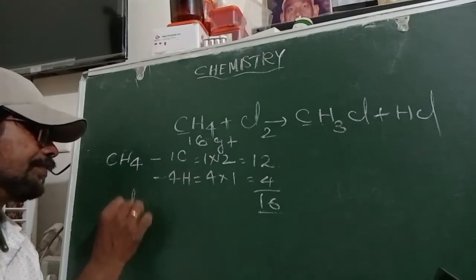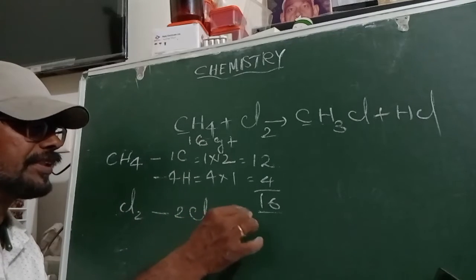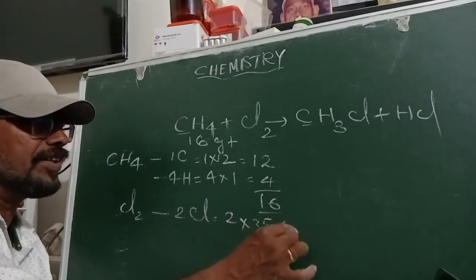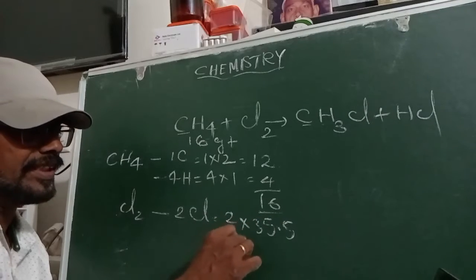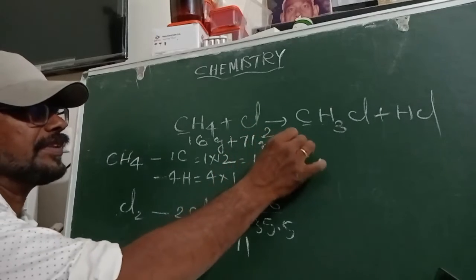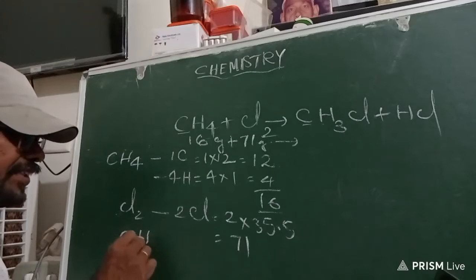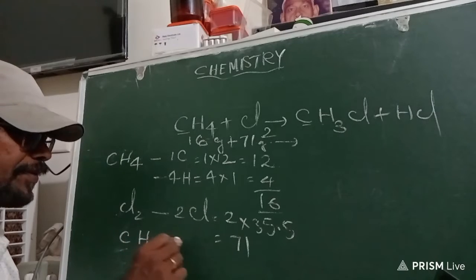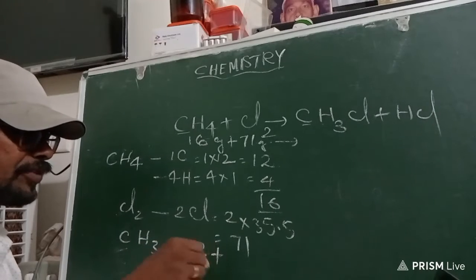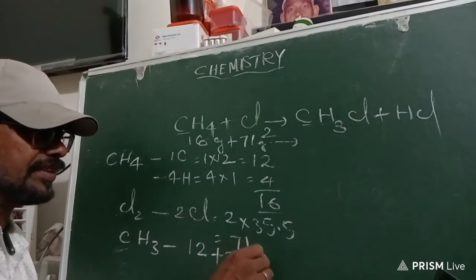Chlorine, Cl2, that is 2 into 35.5, okay, and that is 71 grams. 71 grams gives rise to methyl chloride, CH3Cl. Carbon 1 is 12 plus, understood a little, right, hydrogens 3, 3 ones are 3, that is equal to 15.